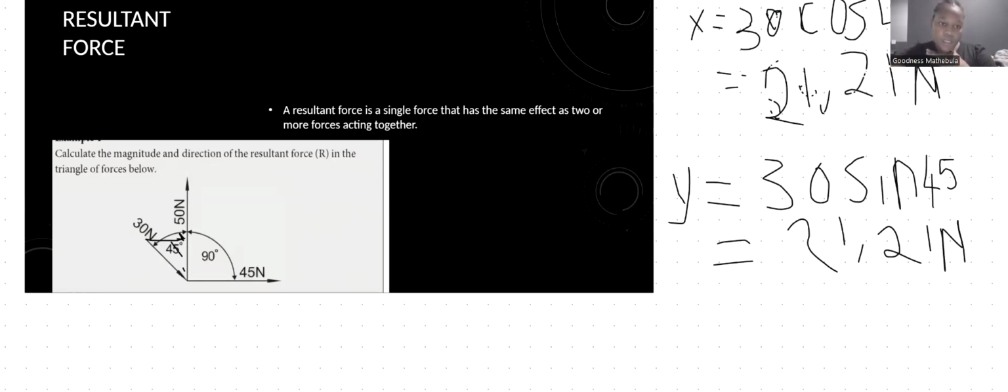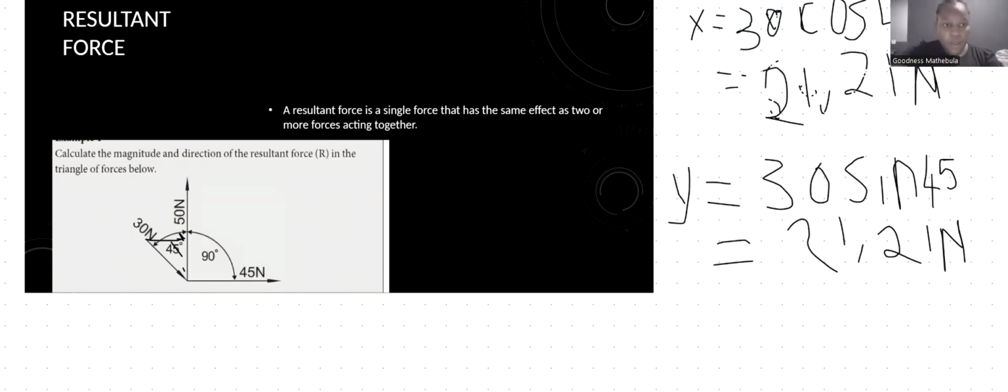Since our force is going downwards, you will have to calculate 50 minus 21.21, and then you will find your answer. To calculate the resultant force, you have to use the Pythagoras theorem.